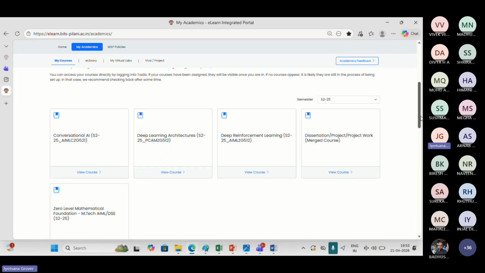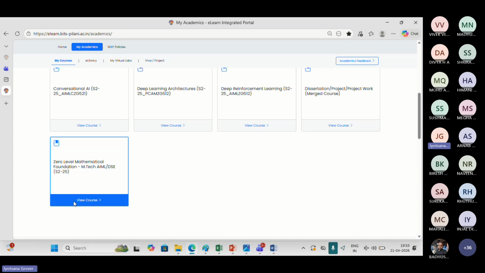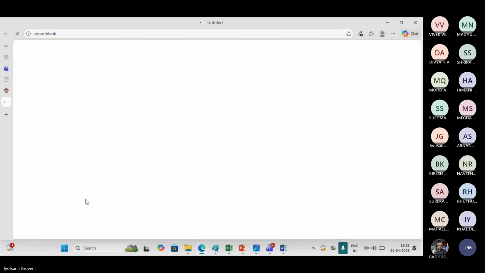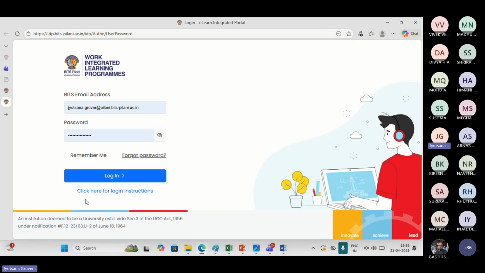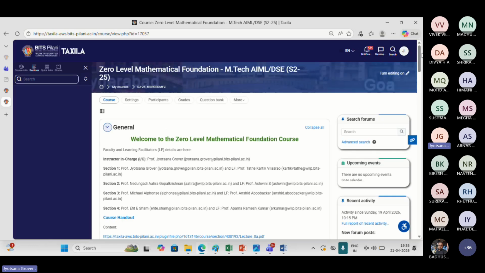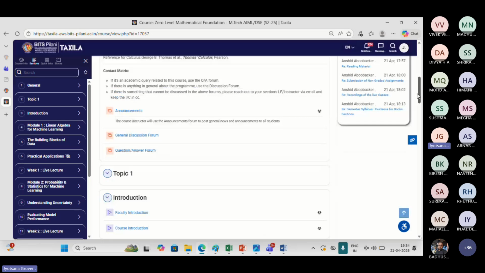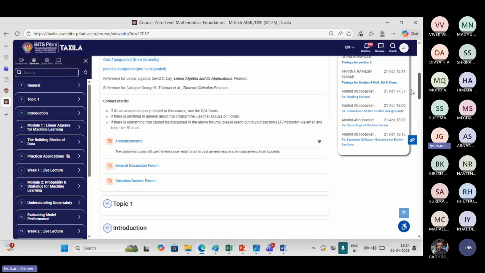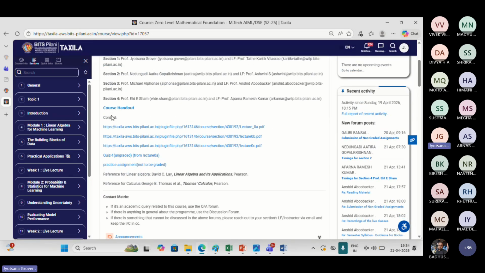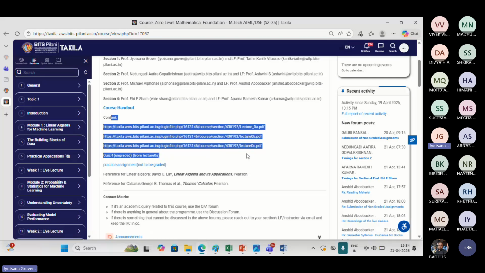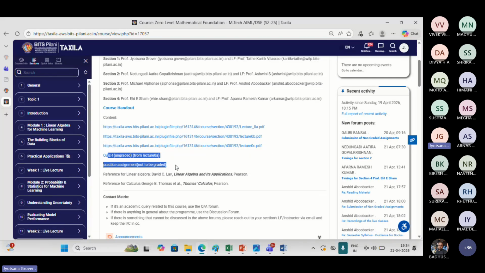Practice these linearly dependent and independent questions. I'll post it today in quiz and assignment. Course content, slides. These are the base slides. Quiz 1 and practice. These are the questions.